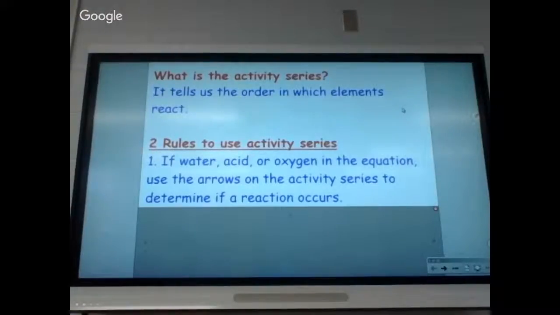If your equation has water, an acid, or oxygen in the equation, we will use the arrows on the activity series to determine if a reaction actually occurs.